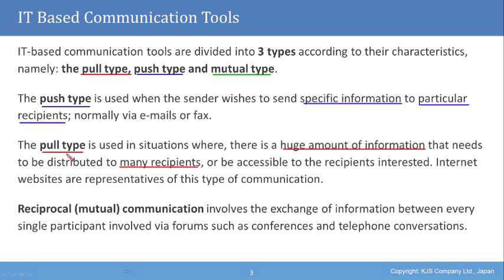The pull type is about huge amount of general information that needs to be distributed to many recipients. So you can see the distinction between the two types. Reciprocal communication is a third type involving the exchange of information between every single participant involved via forums such as conferences and telephone conversations.